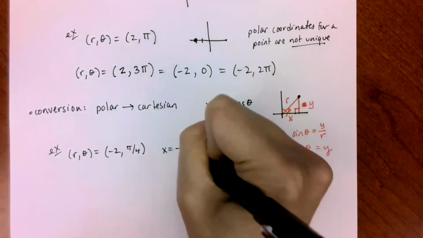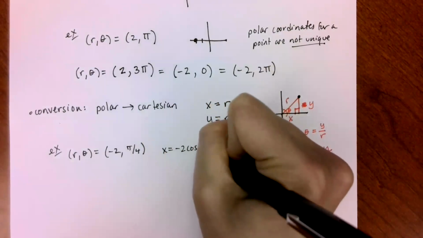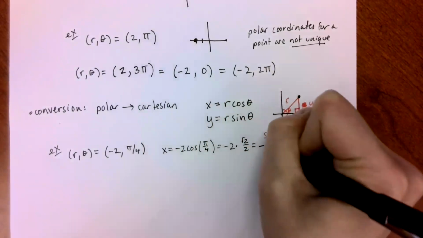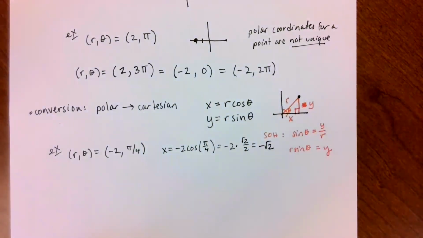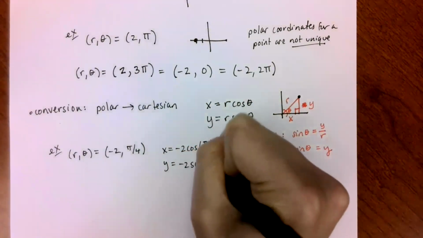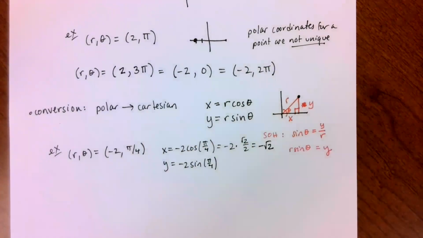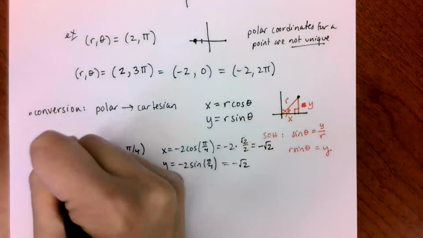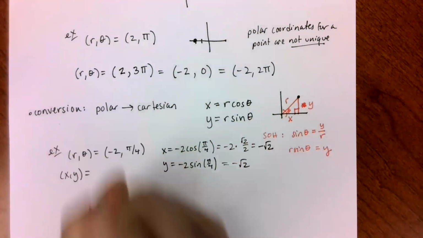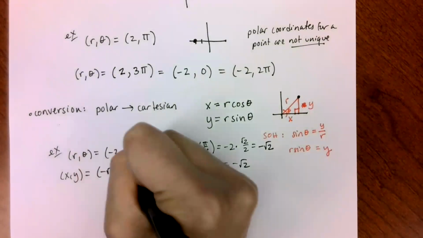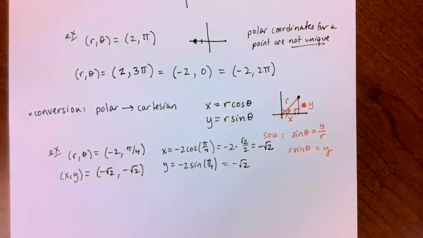So that's -2 cosine pi over 4, which is -2 times √2 over 2, which simplifies to -√2. And then the y value of the point is -2 sine of pi over 4, which simplifies the exact same way. We get -√2. So the xy point that puts you in exactly the same location here is -√2 comma -√2.